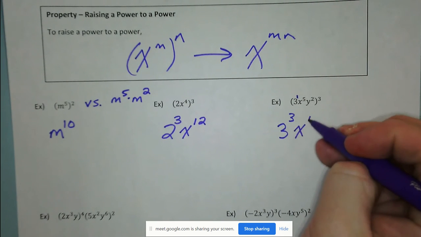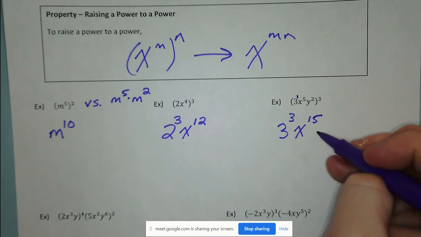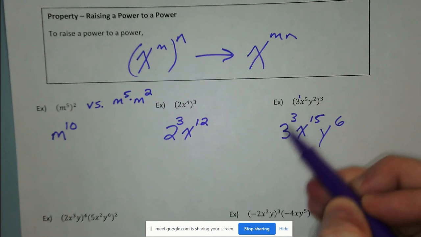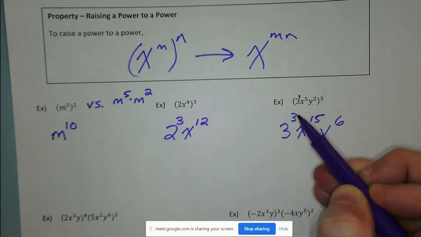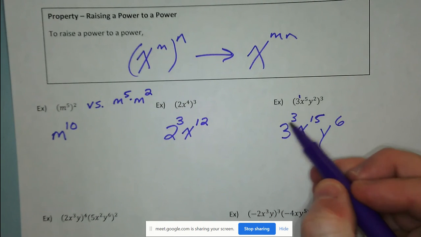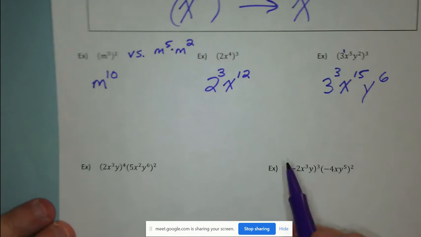You're going to multiply those powers. And then you have y to the second power to the third power. You can multiply those powers. And it's probably okay that you stop there. The only thing you could possibly do is, well, 3 to the third power, that's going to be 27 when you do 3 times 3 times 3. But whatever. That's not really what I care most about right now.